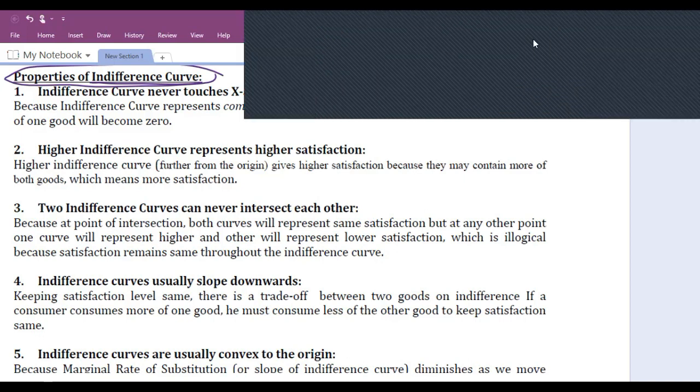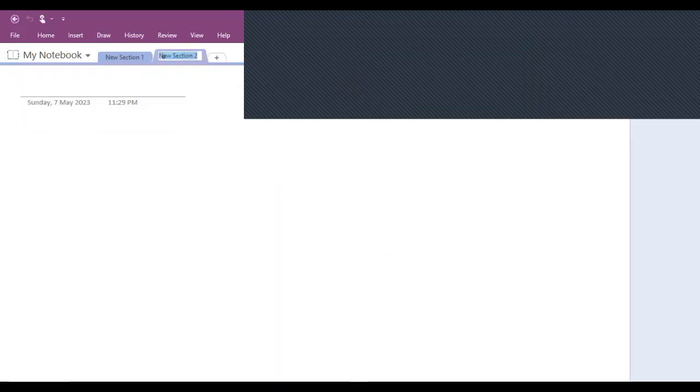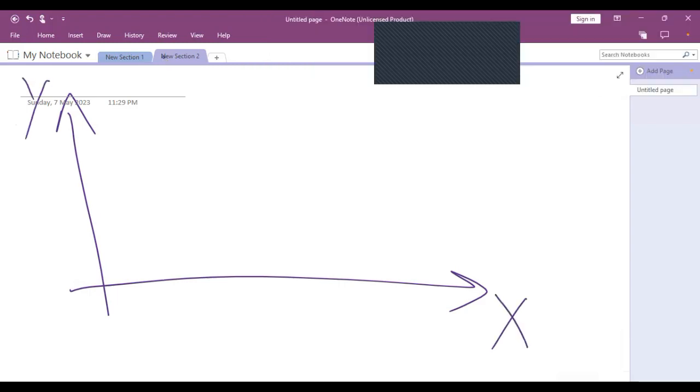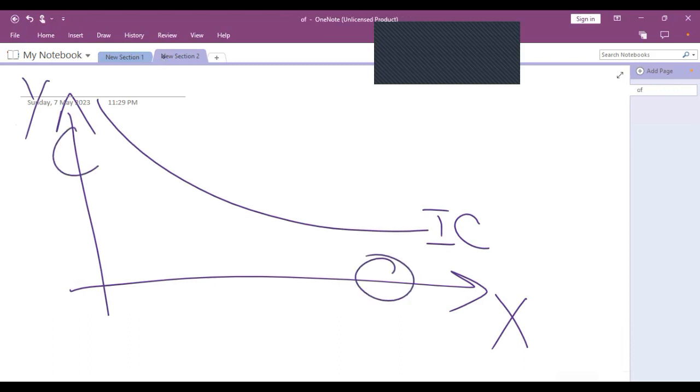First, the indifference curve never touches the x-axis or y-axis. What is the reason? Firstly, draw the indifference curve. It will help us to understand this concept very easily. This is our IC, indifference curve. It never touches the x-axis or y-axis because any point on the x-axis or y-axis shows a value of 0.